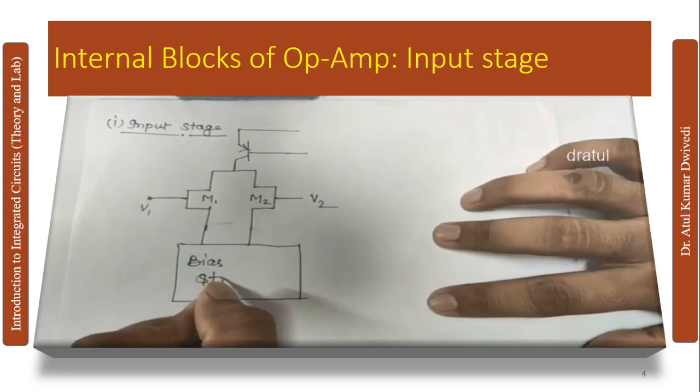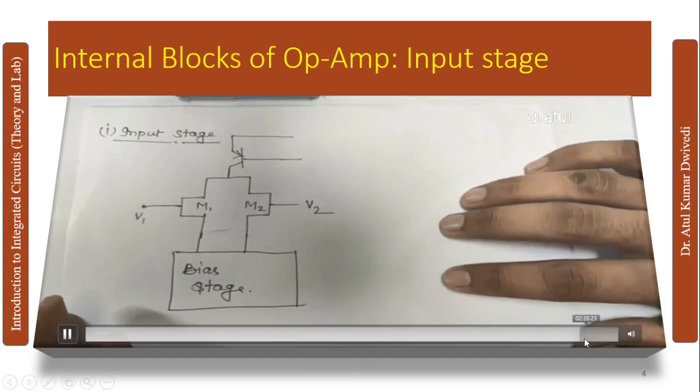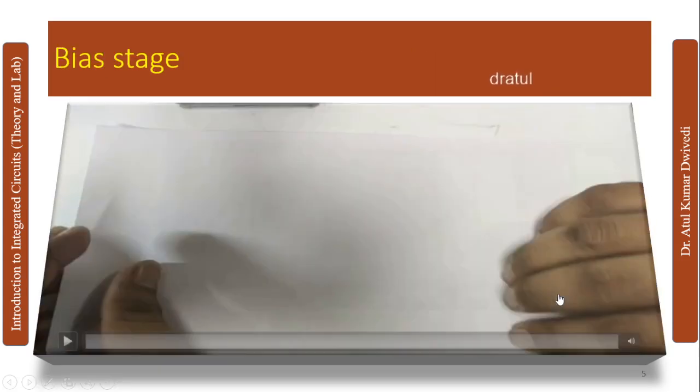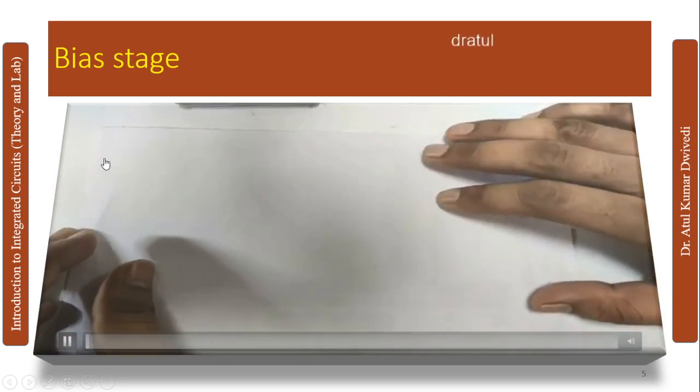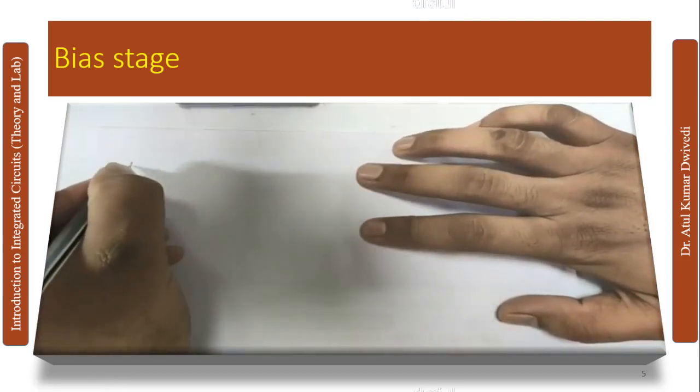In the bias stage, we have a current mirror. The current mirror circuit is like this. Let me show you the current mirror circuit.